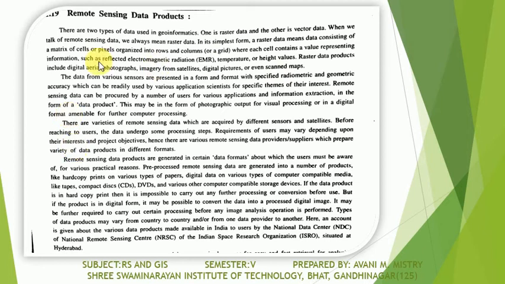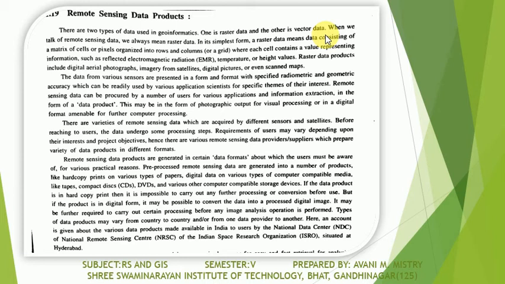Remote sensing data products. There are two types of data used in informatics. One is raster data and the other is vector data. When we talk of remote sensing data, we always mean raster data.